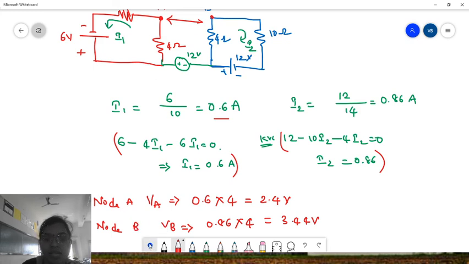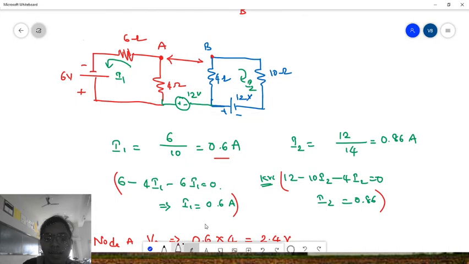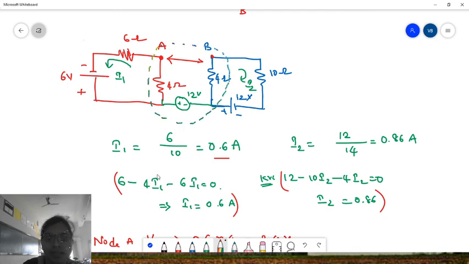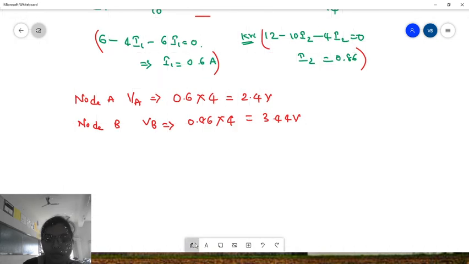The voltage across the A and B terminals, that is this one. So this network I am going to draw like this. This is the A terminal.